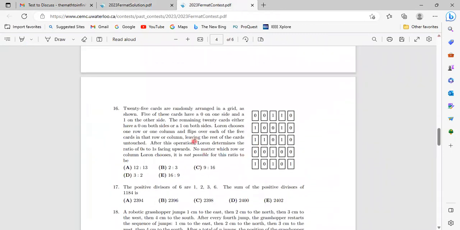Okay. Now it's about cards. All right. 25 cards are randomly arranged in a grid as shown. So you have 00110, 10010, 11010, 00100, 1010.